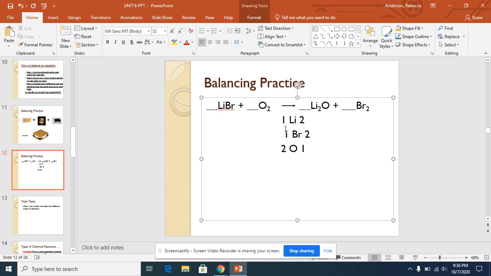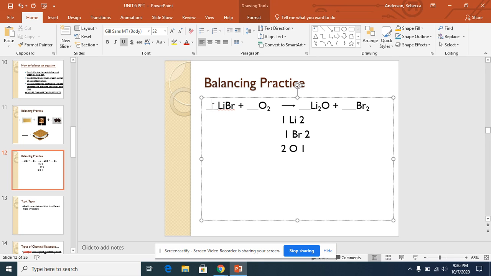So what you want for each element, you want it to be the same number on both sides. Well, in this case, they're not. So we're going to need to put numbers in front, put a coefficient, in order for it to be the same on each side. So first, let's start with Li. Over here we have 2, over here we only have 1. So we need to put something here to make Li equal 2.